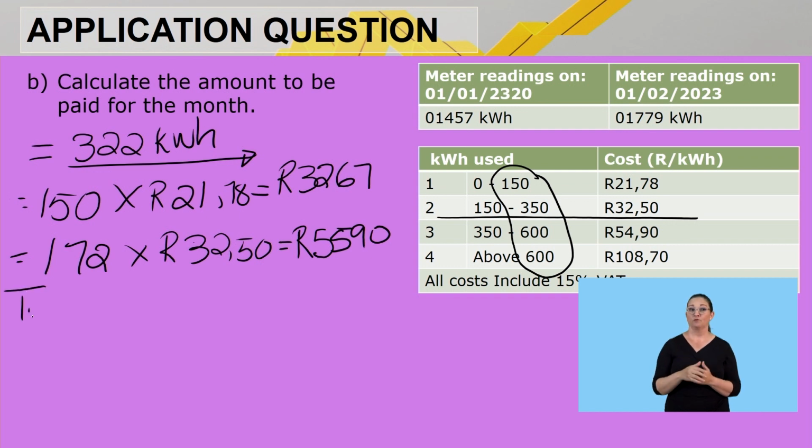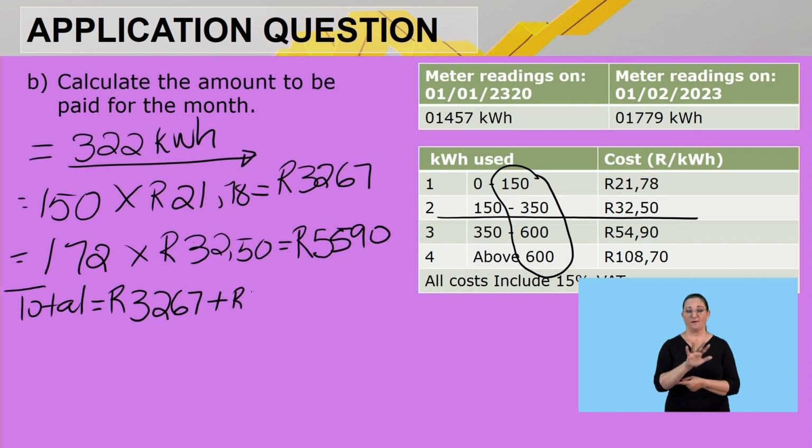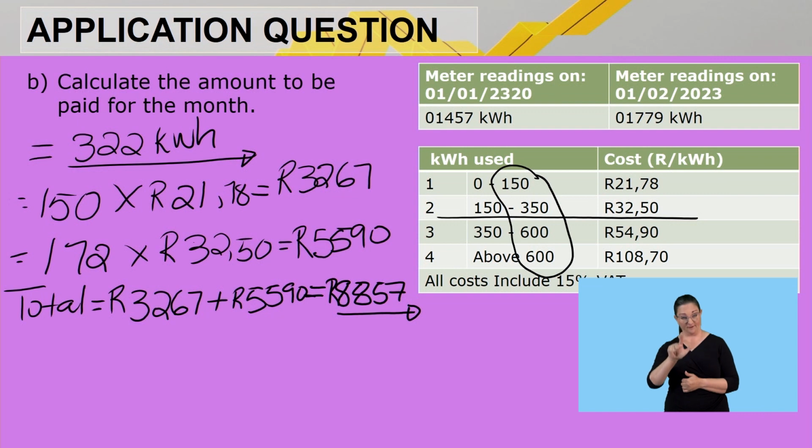So now we need to work out our total for these two values, adding 3,267 plus 5,590. So this gives you a total amount of 8,857. So now looking at our table, it says all costs include VAT. So this will be your final answer.